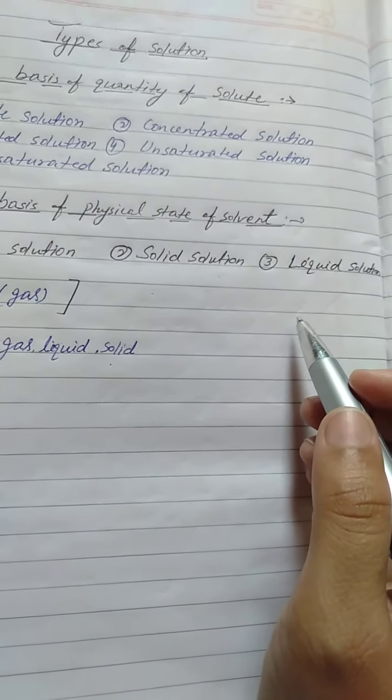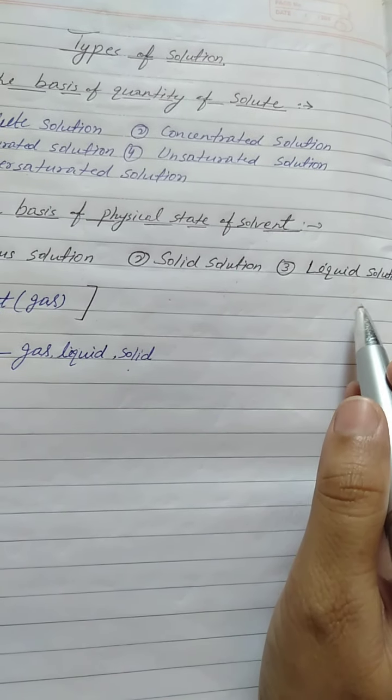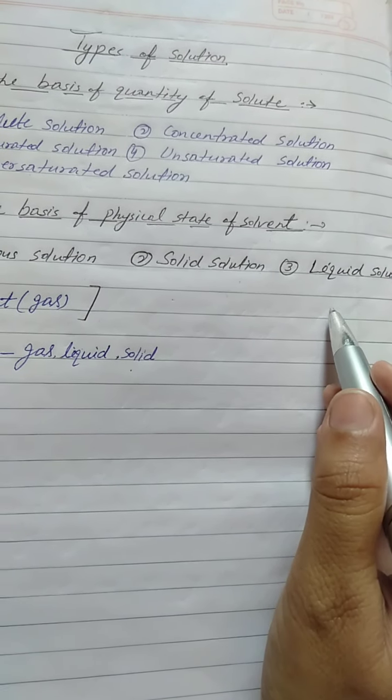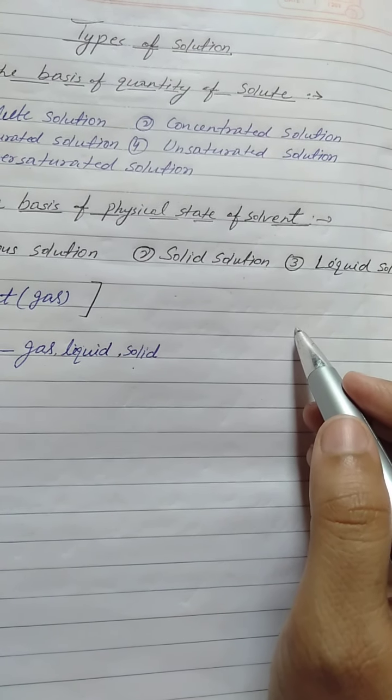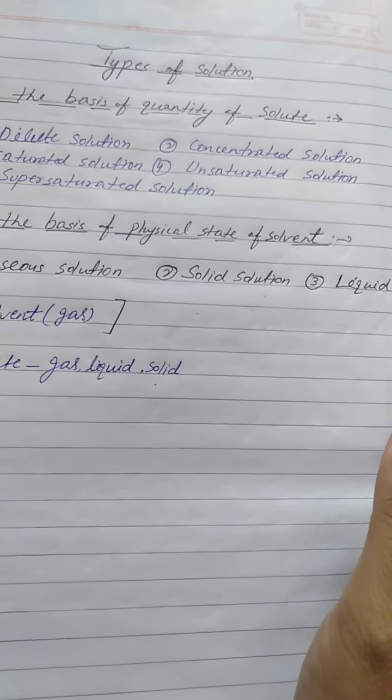In solid solutions the solvent is solid, and the solute may be gas, liquid, or solid. In the same way, in liquid solutions the solvent is liquid and the solute is gas, liquid, or solid.